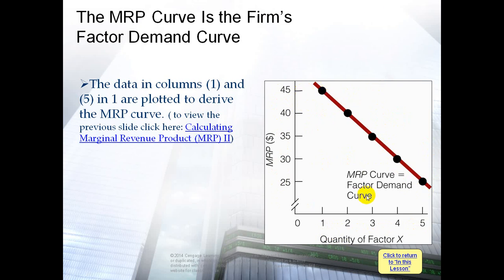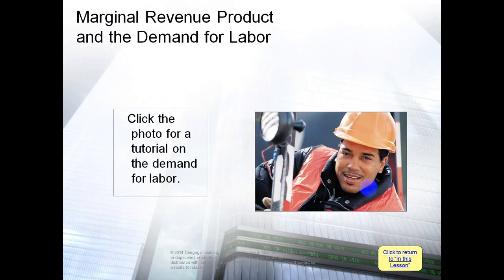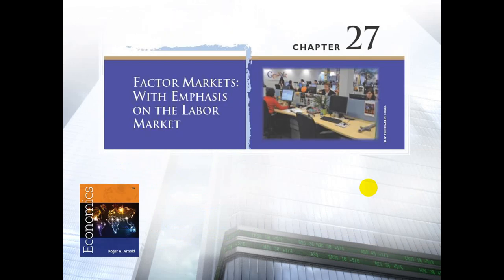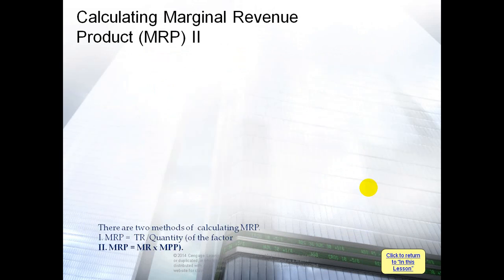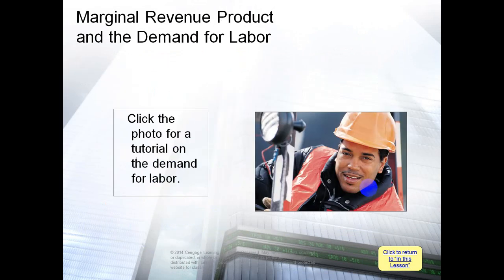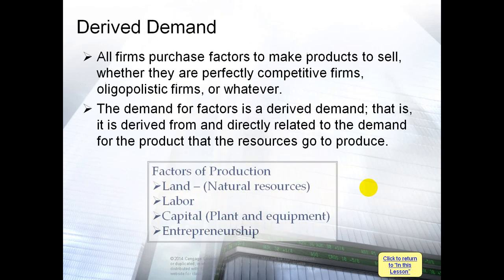So you remember the factor demand curve. We talked about the factor demand curve, which is here, and we said it is a downward sloping curve. The demand for factors is derived demand, that is, it is derived from and directly related to the demand for the product.